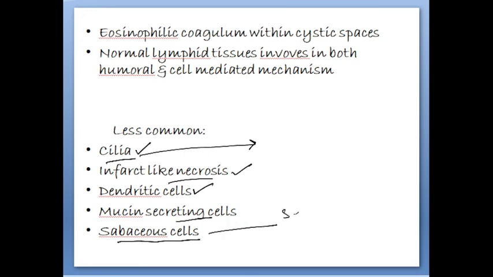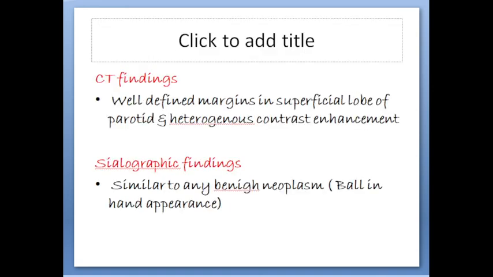Sometimes these sebaceous cells are so prominent that a sebaceous type histopathological variety of papillary cystadenoma lymphomatosum is seen. So, a histopathological variant of Warthin's tumor is the sebaceous type of papillary cystadenoma lymphomatosum.